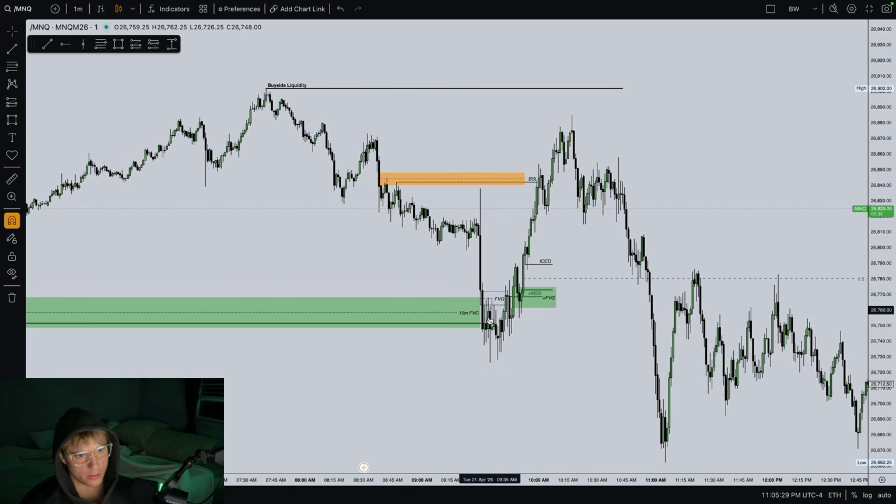Okay, so confluences, the ones that I just said, plus an institutional order flow entry drill, where price just instantly runs towards buy side liquidity.